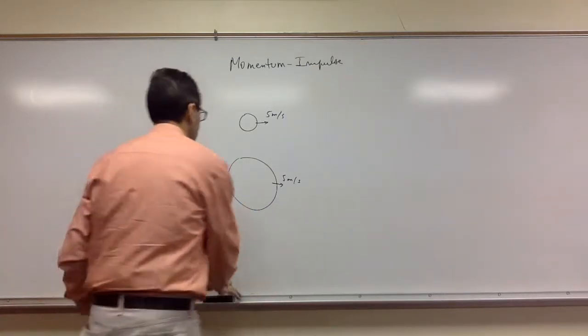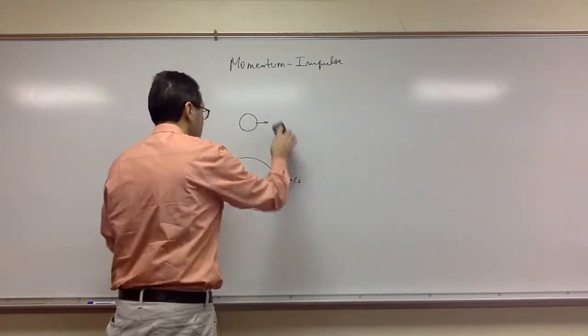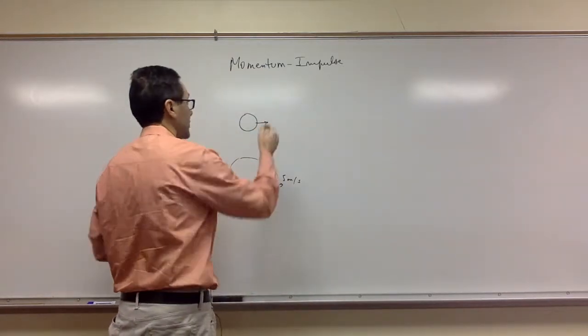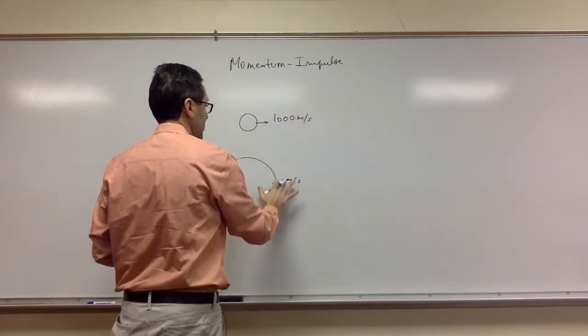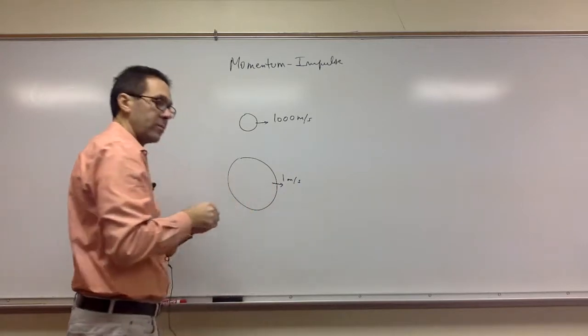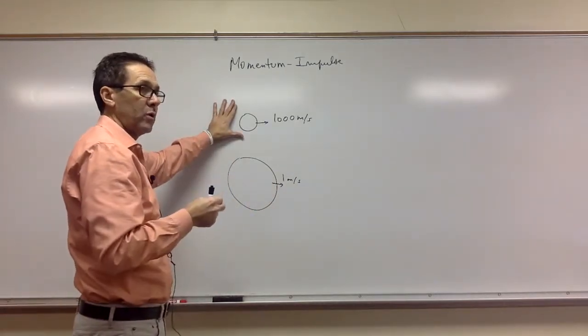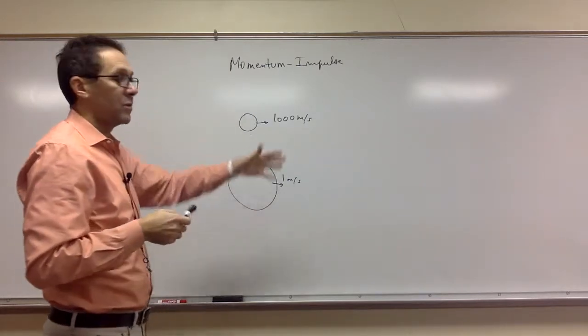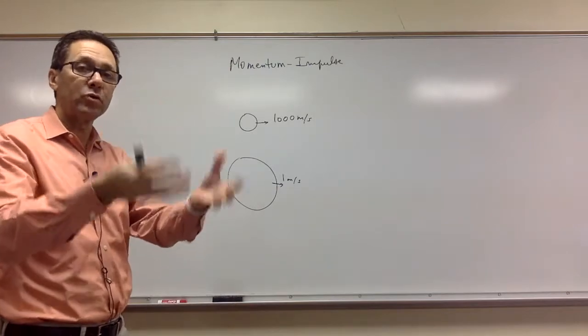Now if I take the lighter ball, but this time I make it go extremely fast, and I make the heavier one go extremely slow, you can see that this lighter ball will create bigger damage. We say that it has a greater quantity of motion.